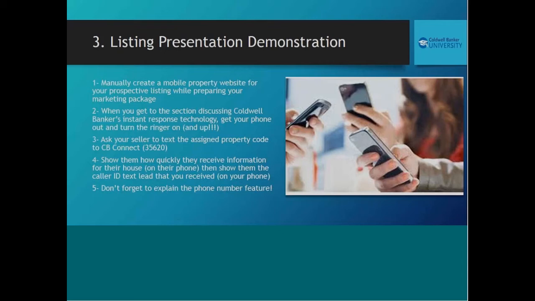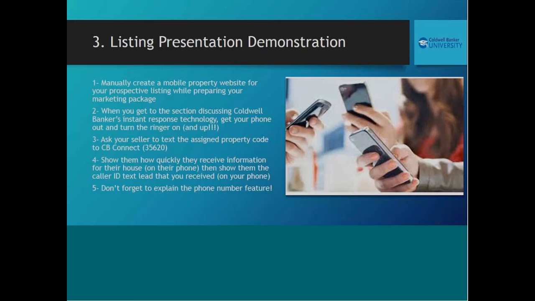Other companies cannot touch us when it comes to our mobile marketing and the instant response technology that we have set up for our agents to use. It really will set you apart in your market if you know how to use it and how to demonstrate it. So it might be fun to get together with some of your coworkers, with your manager, with friends, family, somebody else with a cell phone in order to play with this and demonstrate.